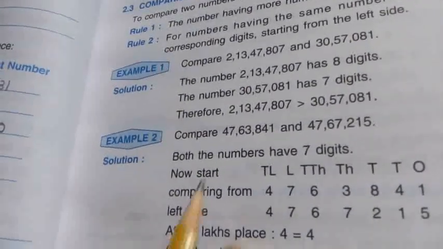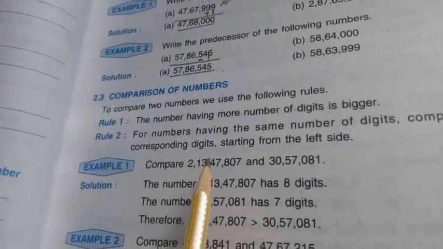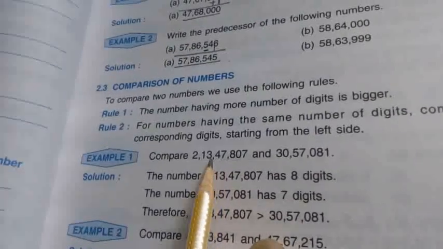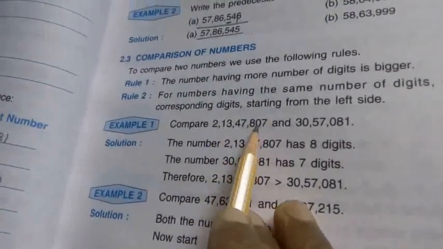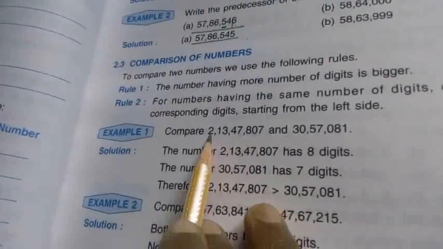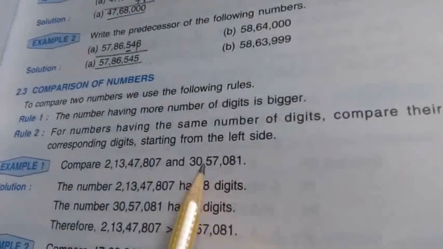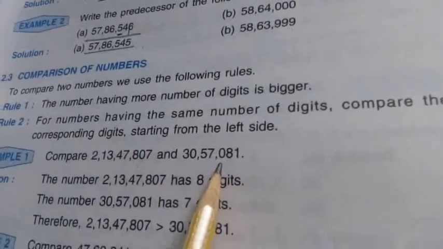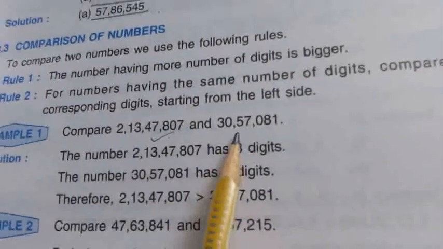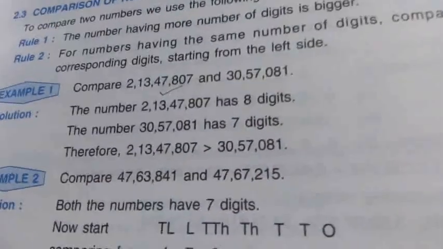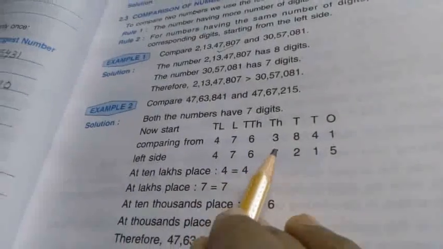First we count how many digits the number has: 1, 2, 3, 4, 5, 6, 7, 8, an 8-digit number. The other is 1, 2, 3, 4, 5, 6, 7, a 7-digit number. Obviously the 8-digit number is greater. But if the digit counts are equal, we compare from left to right.